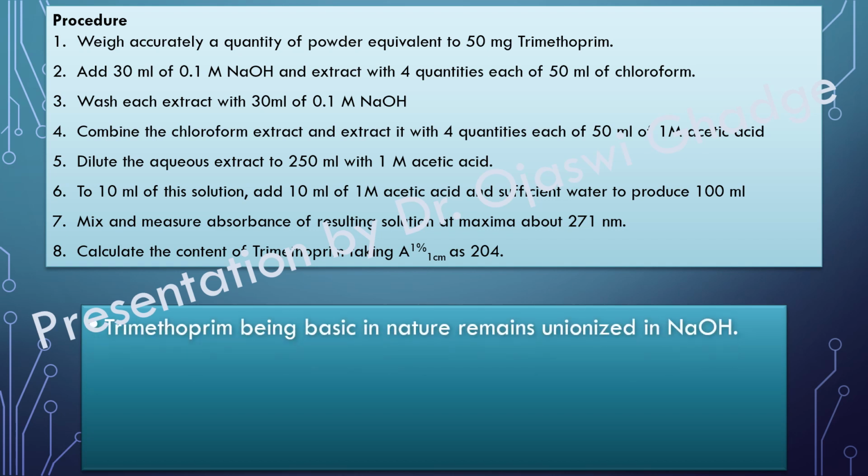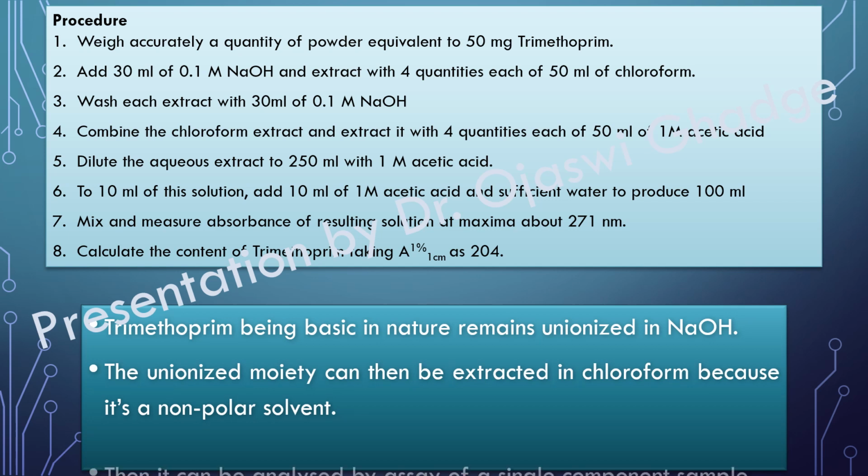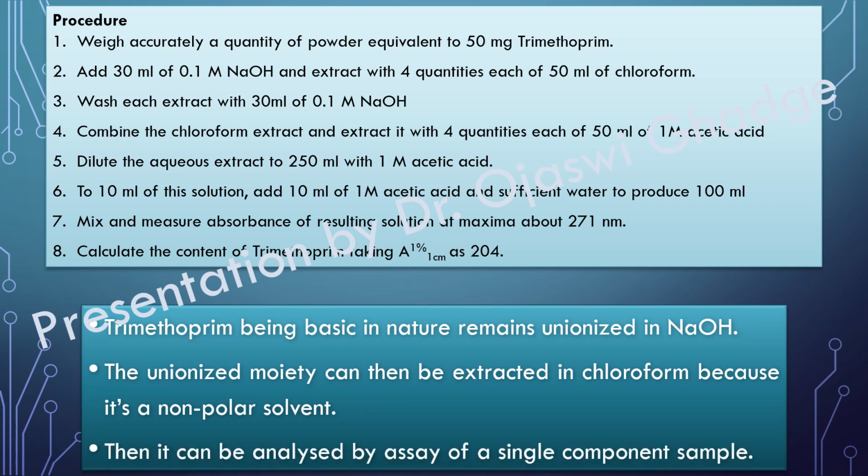The first step of the procedure is the weighing. This particular slide we have already seen during our theory lecture, which has been recorded as a video also. Now let us proceed further.